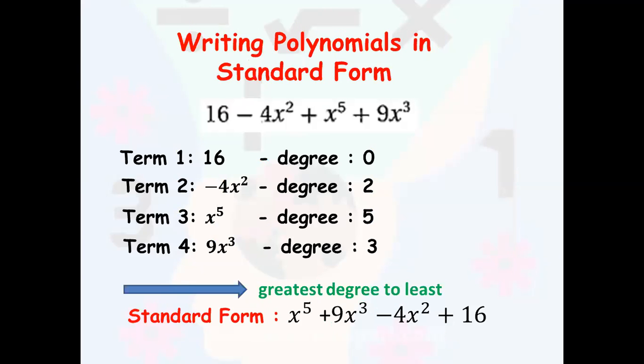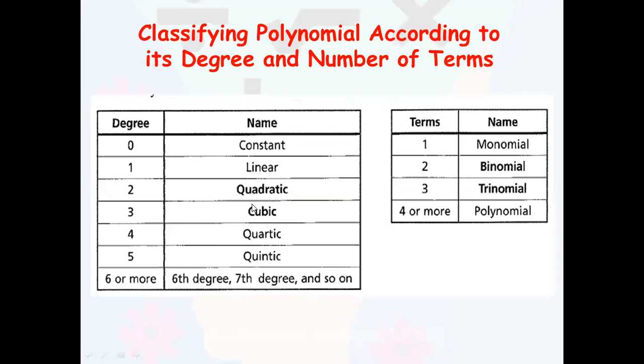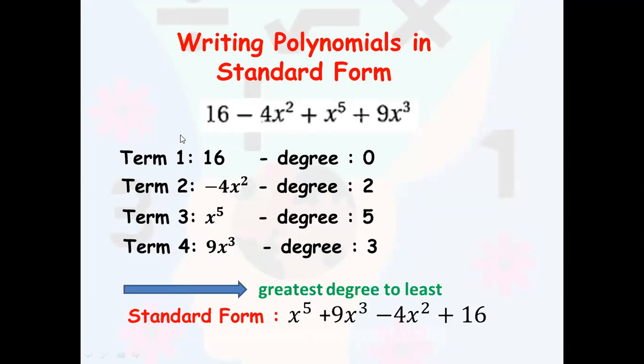Okay, now this is how to write polynomials in standard form. Now you know how to find the degree of monomials, you know how to find the degree of polynomials. Let's see how we write polynomials in standard form. So again, to write polynomials in standard form, we need to find each of the monomials' degrees.